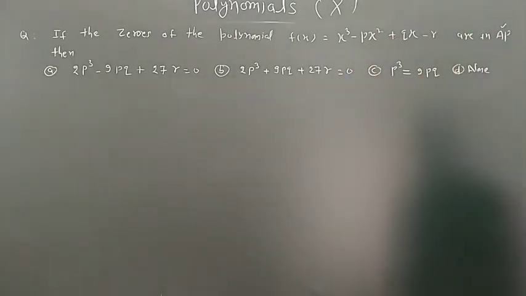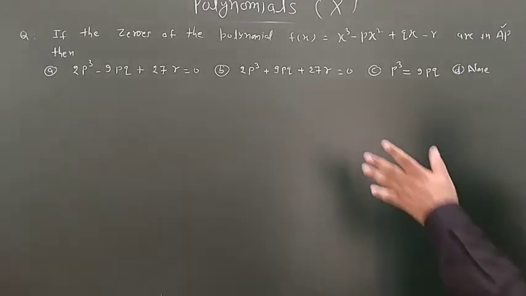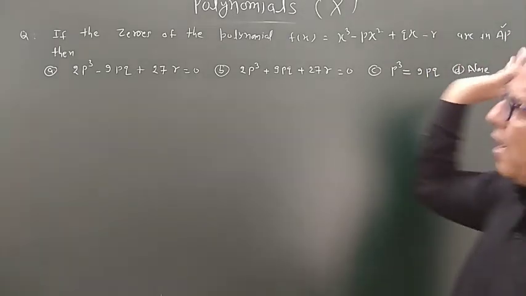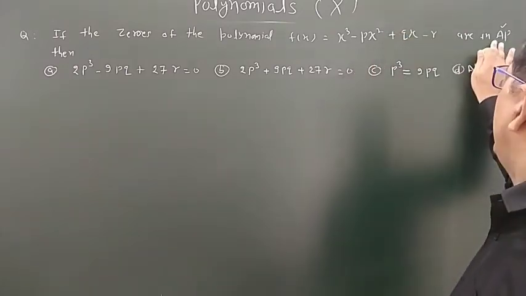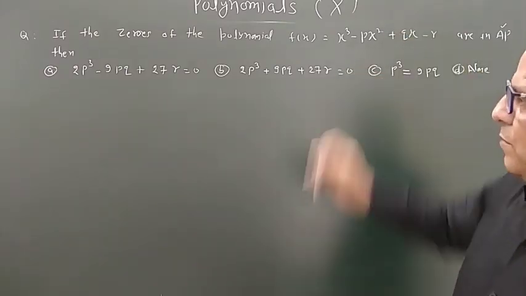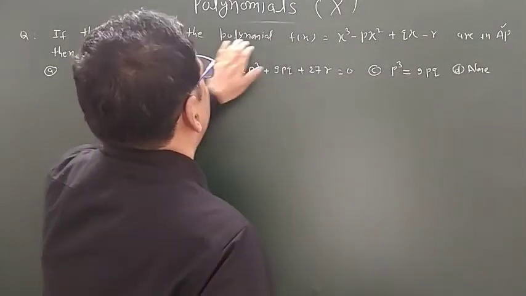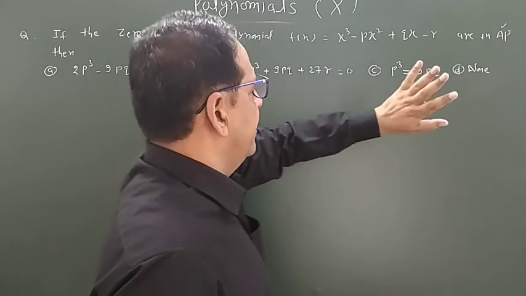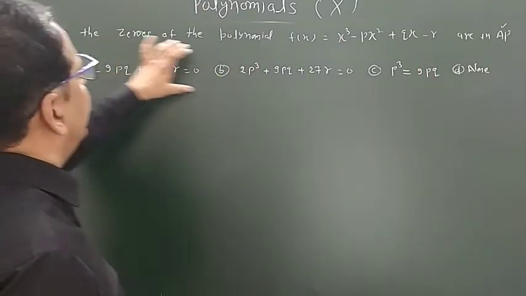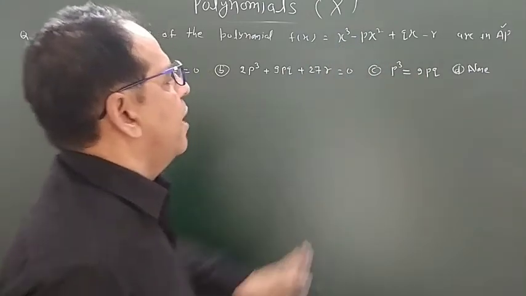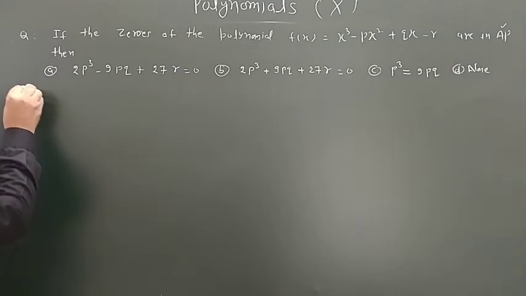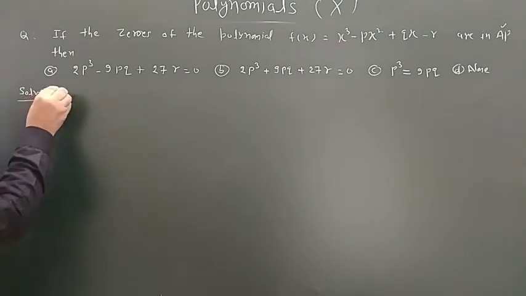If the zeros of the polynomial, we are discussing all three zeros, if the zeros of the polynomial f(x) equal to x cube minus p x square plus q x minus r are in arithmetic progression, AP, then which is the correct relation between p, q and r? There are four options given. So this is some theoretical concept related to AP.